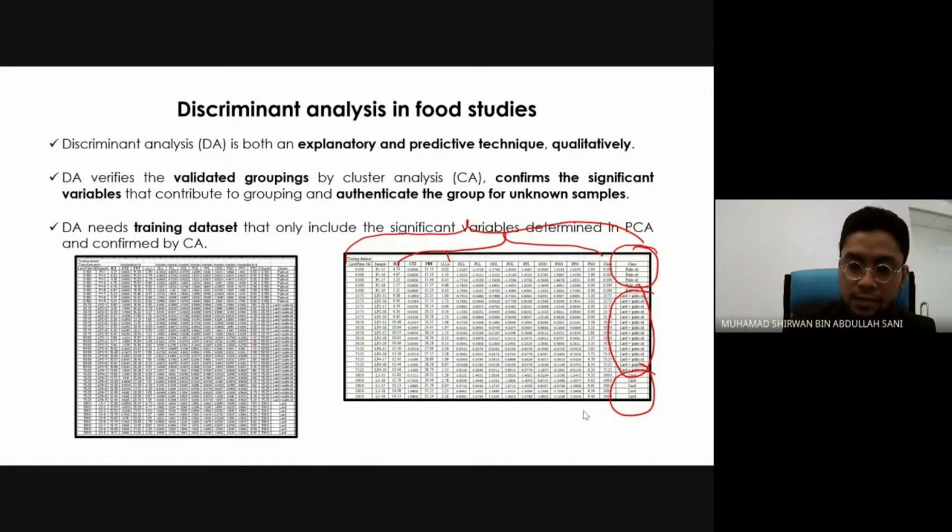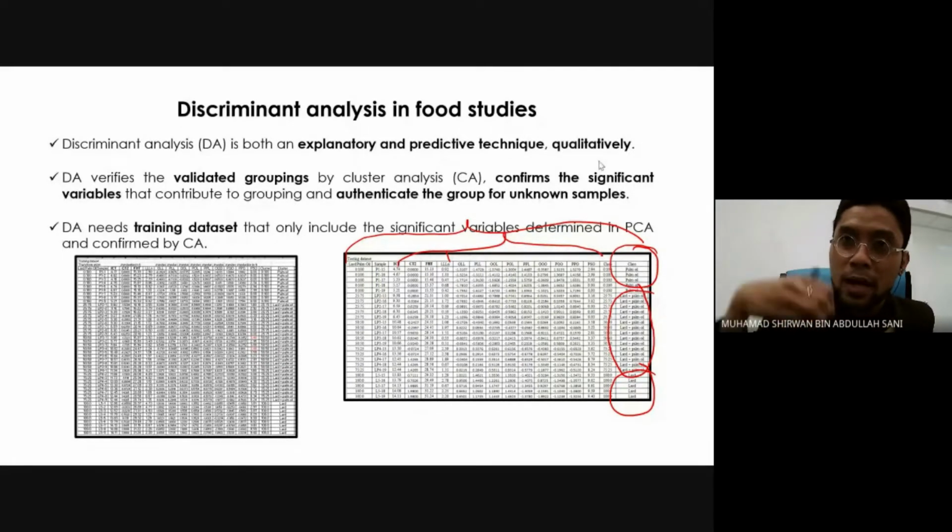So discriminant analysis has an advantage compared to PCA because they can predict the unknown sample that you have. That's why we call it a predictive technique. PCA doesn't have it. But it is qualitative. We want to predict the group, not how much lard and palm oil content, but whether it's palm oil plus lard, or palm oil or lard only. So that's why we call it qualitative.